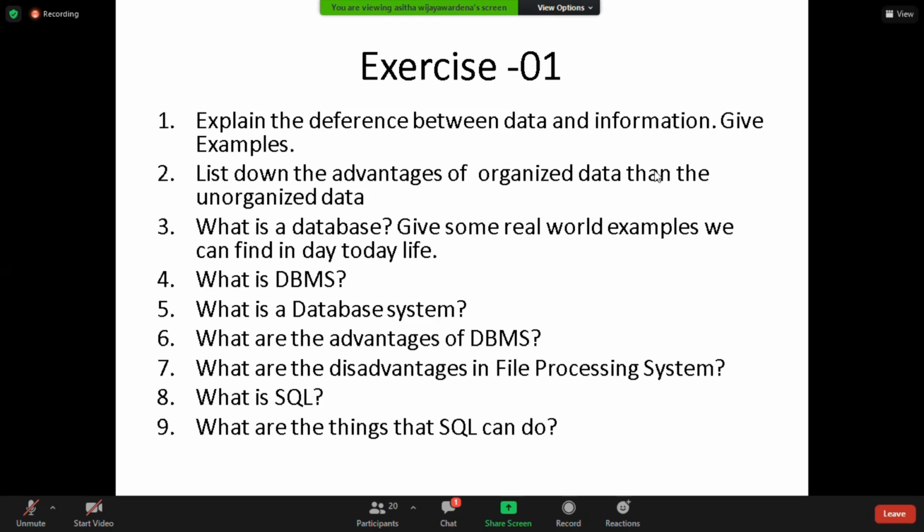Right, then we move to the seventh question. What are the disadvantages of a file processing system compared to using a database? And what if we use a file processing system? Still, on some occasions, we use files.